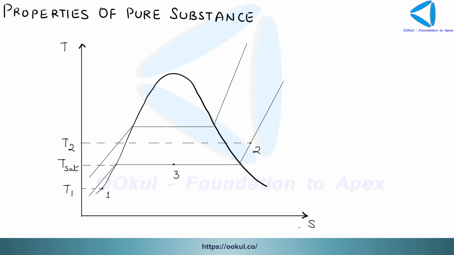So let us begin. So basically this is a TS diagram, a typical TS diagram. Let us see the different regions in this one. First of all, this is a liquid region, this is a vapor region, and this one is a liquid plus vapor region.